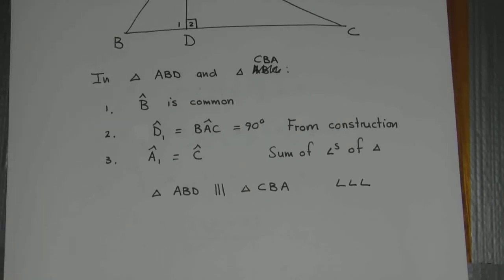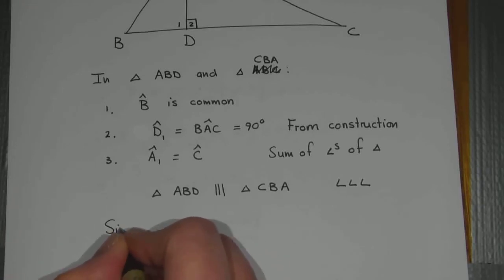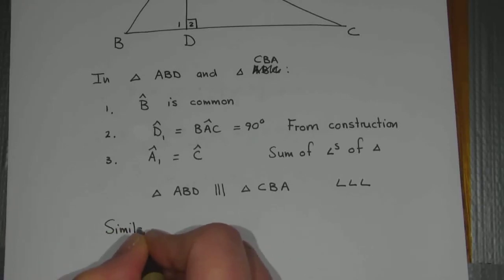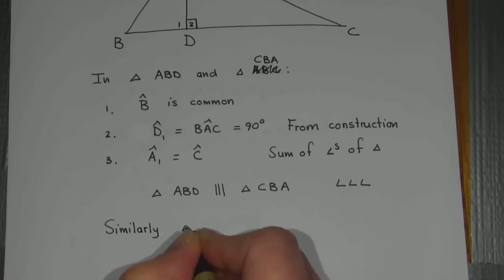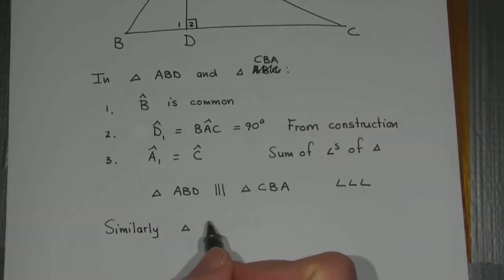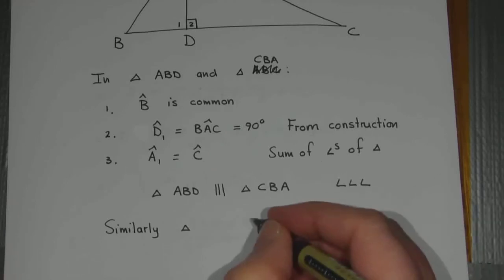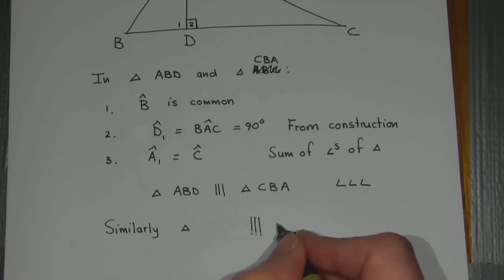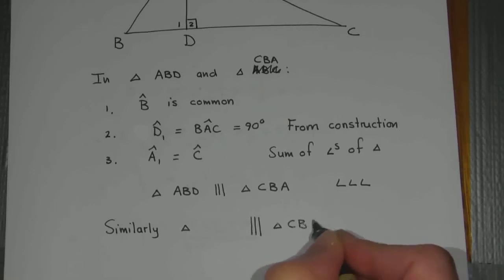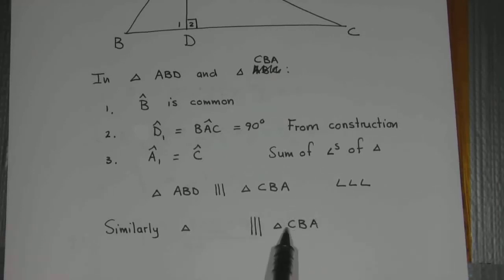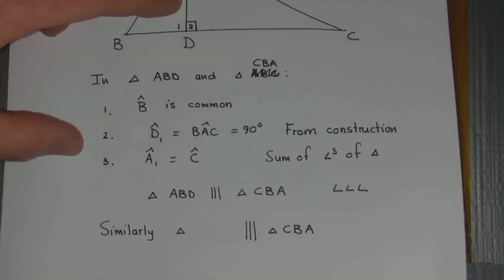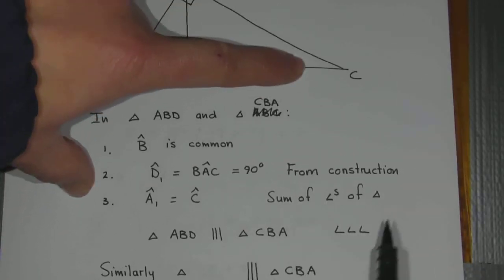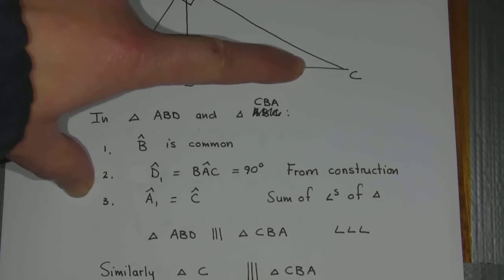And then I can do pretty much exactly the same thing with the other small triangle and the big triangle. So I can just say, similarly, not going to do the whole thing again. Let's just write this down, and I want to keep the order the same. In this triangle, angle C is going to be common. So if I put C first there, I have to put C first there.